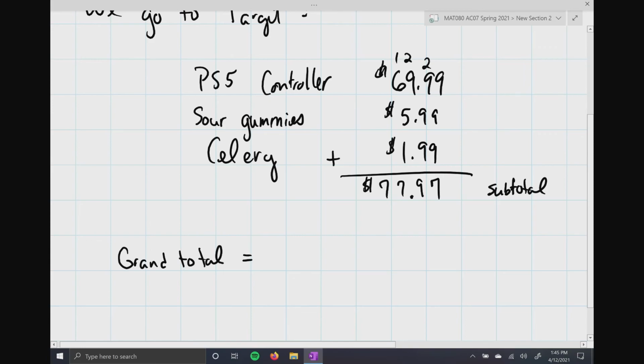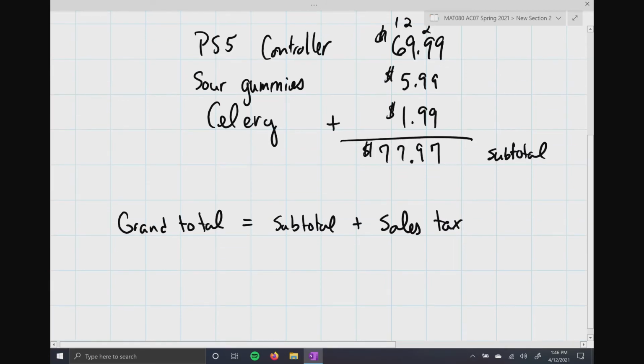All right? Now, the grand total is going to equal, now this is a formula that you're going to need. So the grand total will be the subtotal plus your sales tax. Okay?